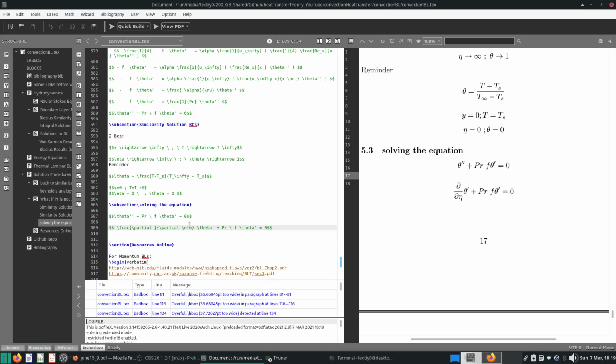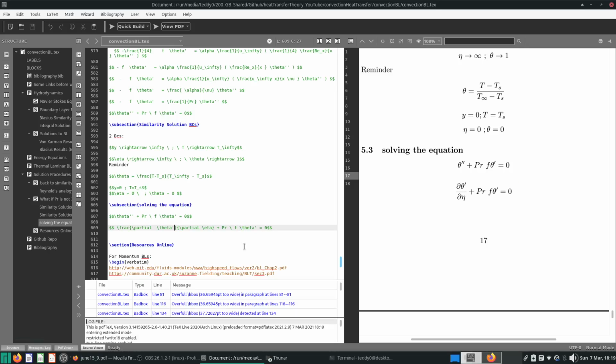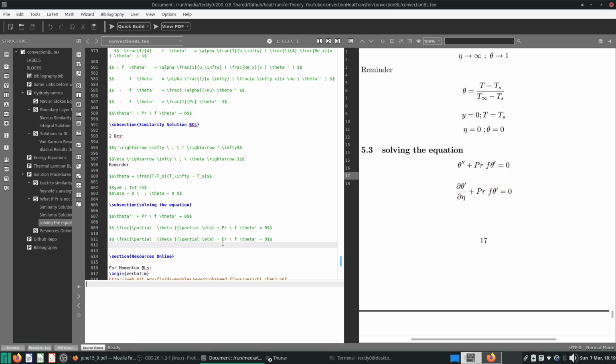Then we can just separate the variables and bring it to the other side. Of course, you can already start integrating the equation in this form. I mean, you have to divide throughout by theta prime first.